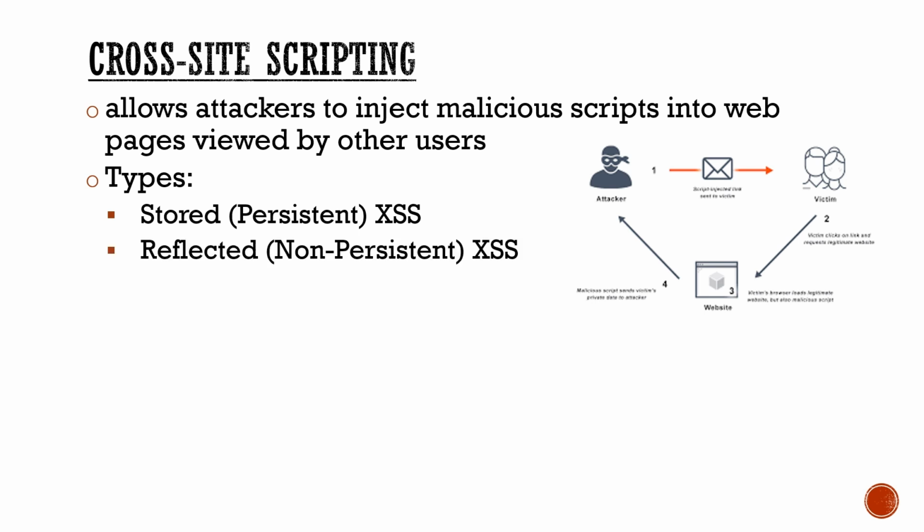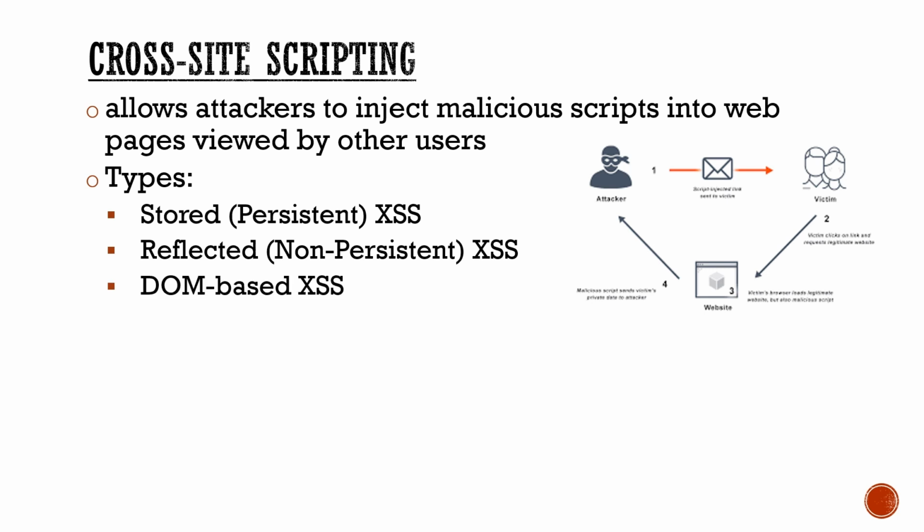We also have reflected or non-persistent XSS, wherein the malicious script is embedded in a URL or a specific HTTP request parameter. When a victim clicks on a crafted link or submits a form with manipulated data, the script is reflected back from the server and executed in the victim's browser.